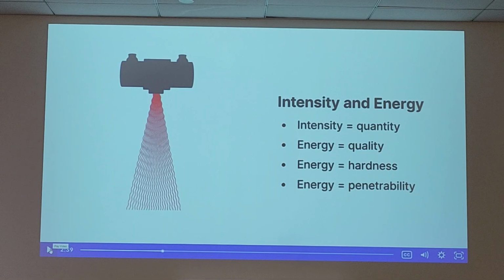So Angelica asked about energy, penetrate, hardness. The harder the beam, the more opportunity it has to penetrate through anything. This is why we don't go above 125 kVp. Not likely.